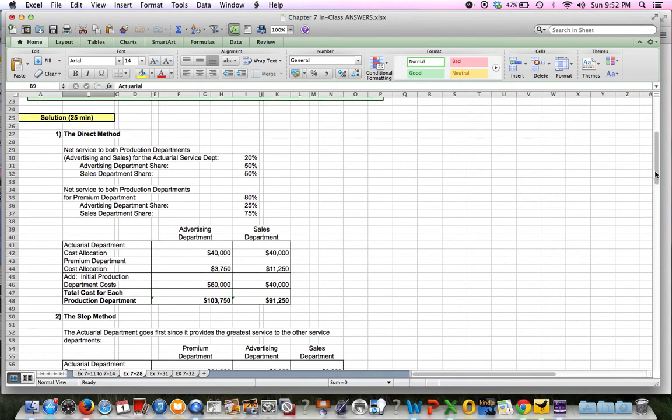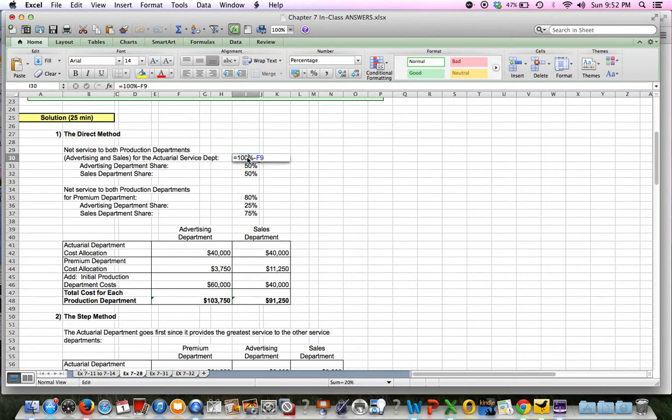So the direct method is the first one, and it says that net service provided to production departments, advertising and sales, for actuarial is 20, advertising department share is 50, and the sales department share is 50. And the net service provided to production, you can see what those are, 80 and then 25 and 75, and the formulas are right here to calculate each one of those two.